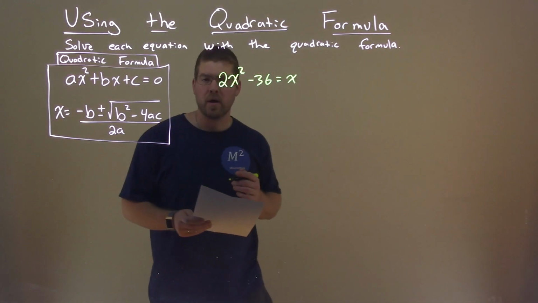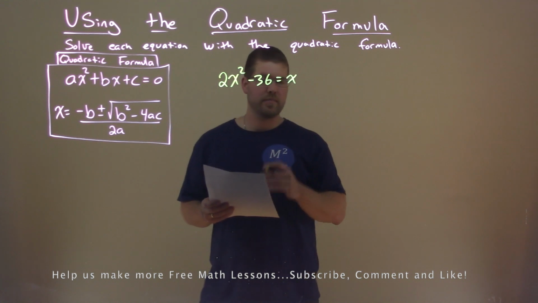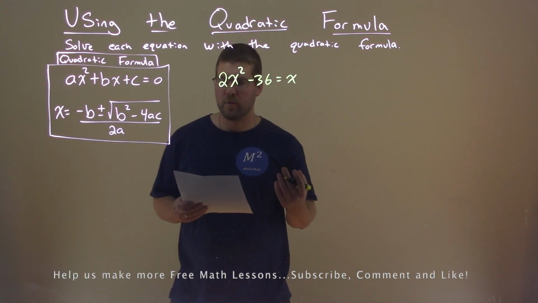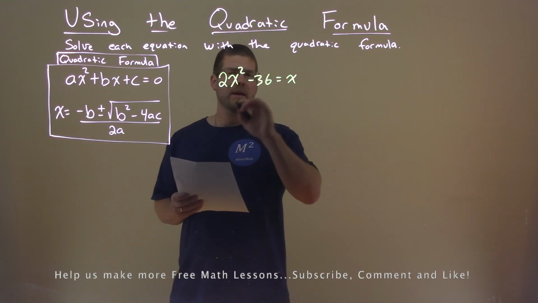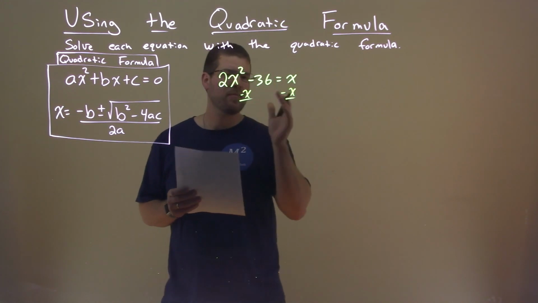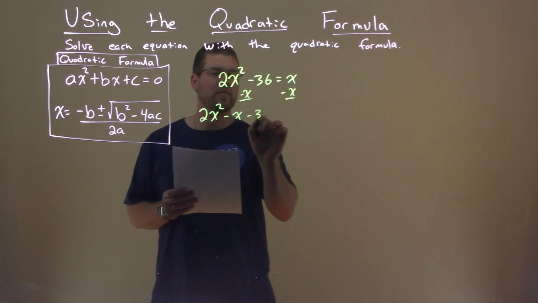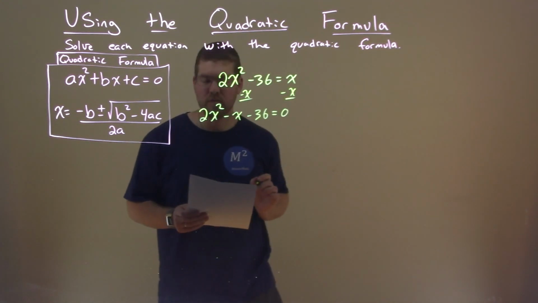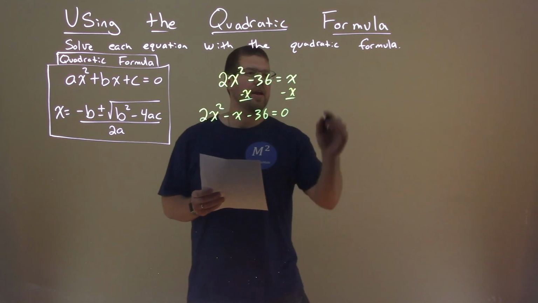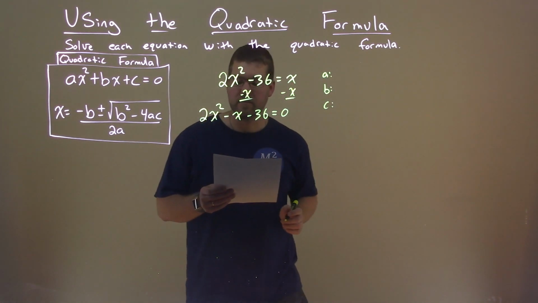We're given this problem right here. 2x squared minus 36 equals x, and we want to solve using the quadratic formula. So first step I need to do is subtract an x from both sides. I have to have my equation equal to 0. So we have 2x squared minus x minus 36 equals 0 here. Now with that information, we need to find our a, our b, and our c values.